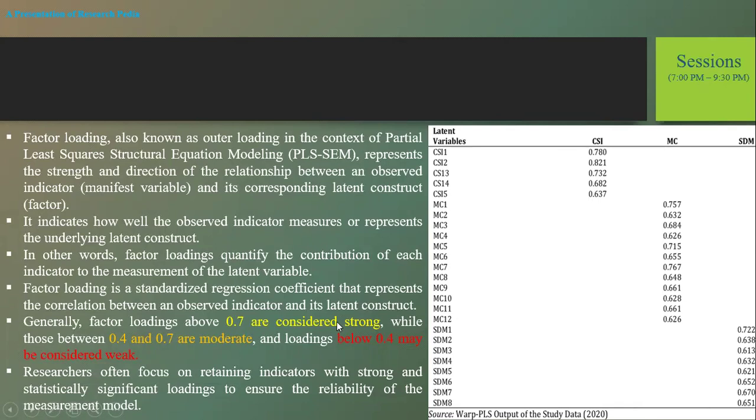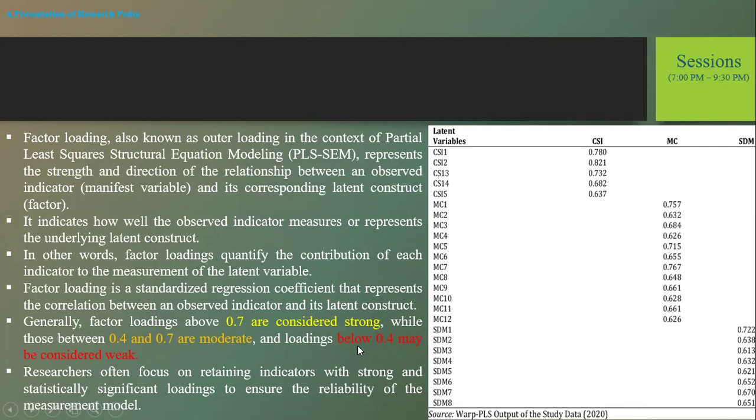But if you have a factor loading between 0.4 to 0.7, they are moderate. They may still be accepted if decreasing those factors can cause the elimination of your constructs.